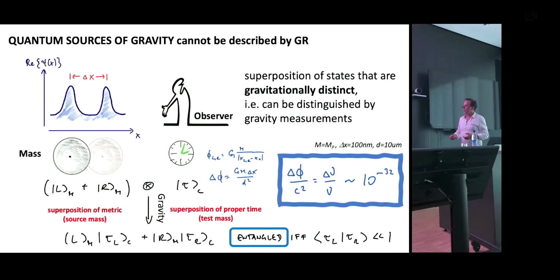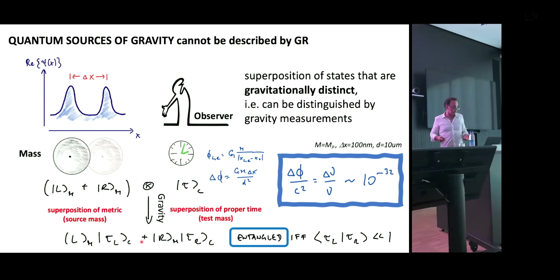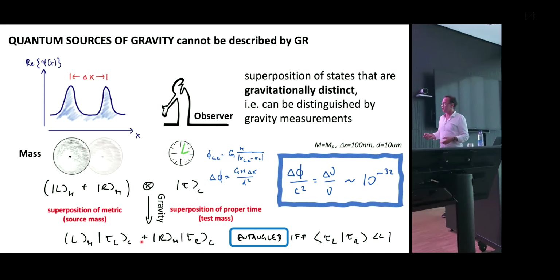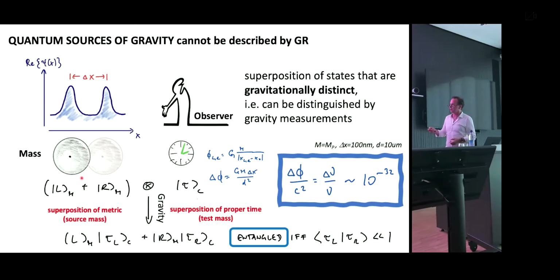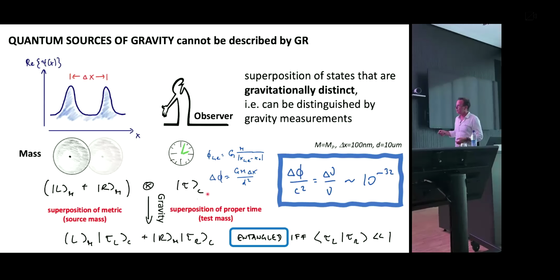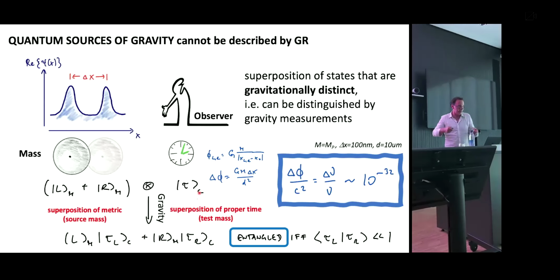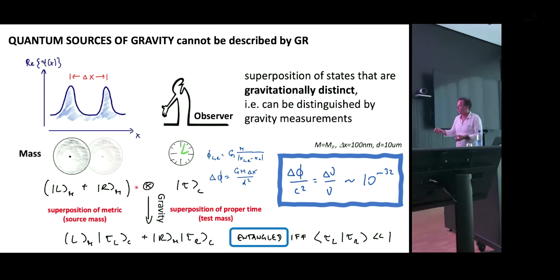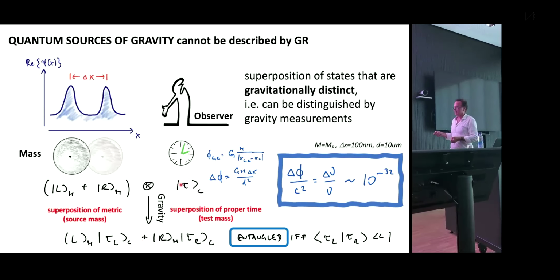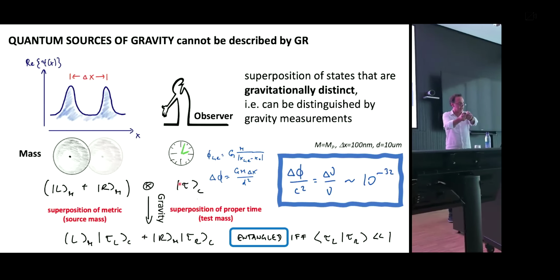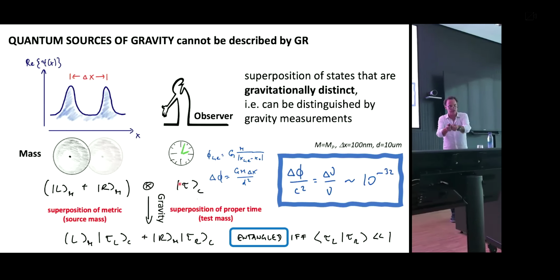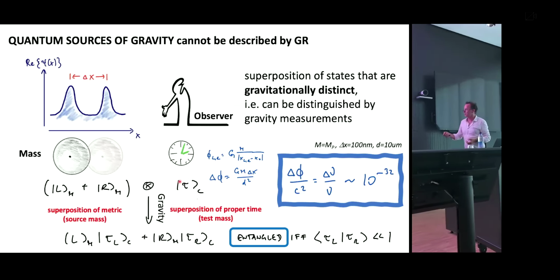Let me give you one example. You could take a clock instead of just a mass and a geodesic. For the clock, you can compute the difference in the gravitational potential, and hence the difference in the gravitational time dilation that the clock experiences. And then you can ask, what clock precision would I have to have such that after a certain amount of time, I do get entanglement of the clock degree of freedom with my mass? It's very simple to compute.